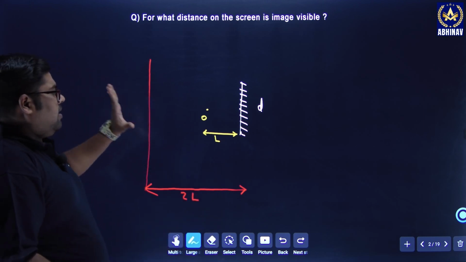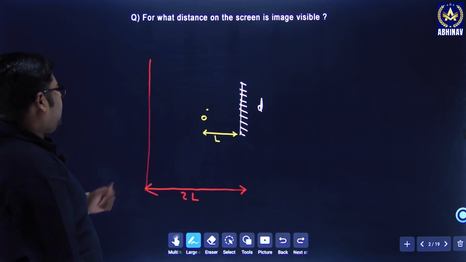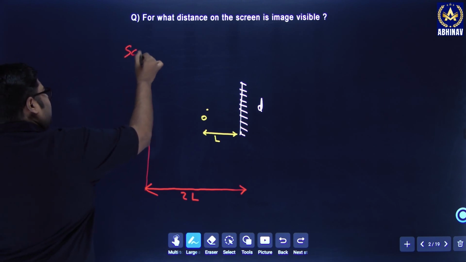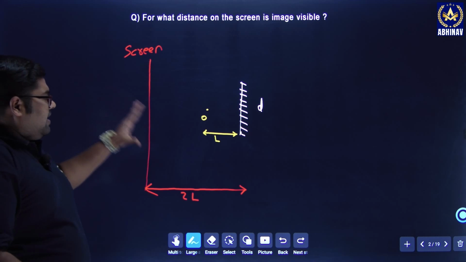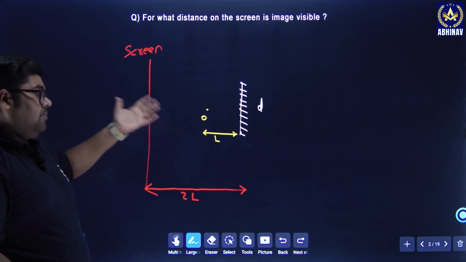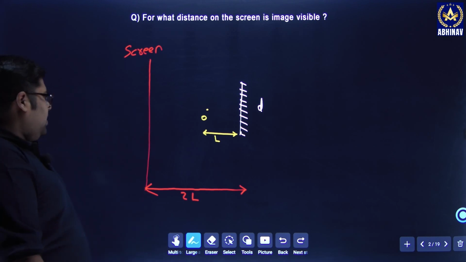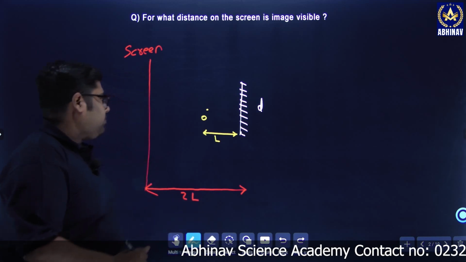So the question is: up to what distance on this screen might the image of this object be visible to us? Basically here we need to calculate its field of view.